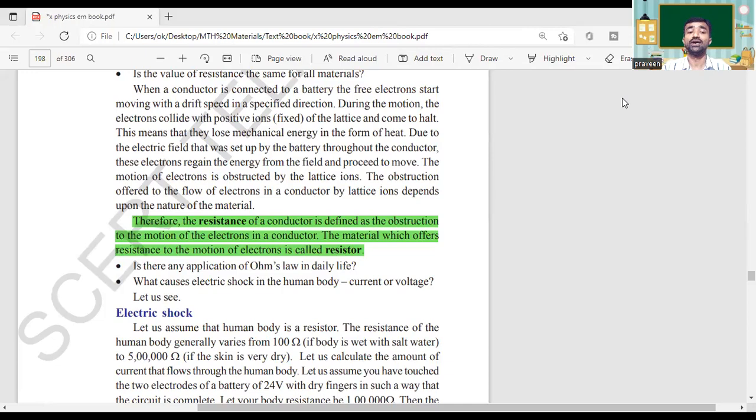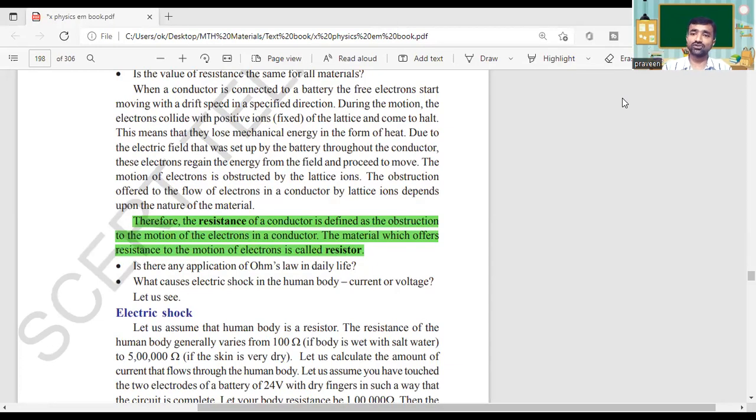What about electric shock? What is actually a shock? Shock is something that suddenly happens. Your body feels something like a vibration. It is due to the motion or flow of charge through your body.